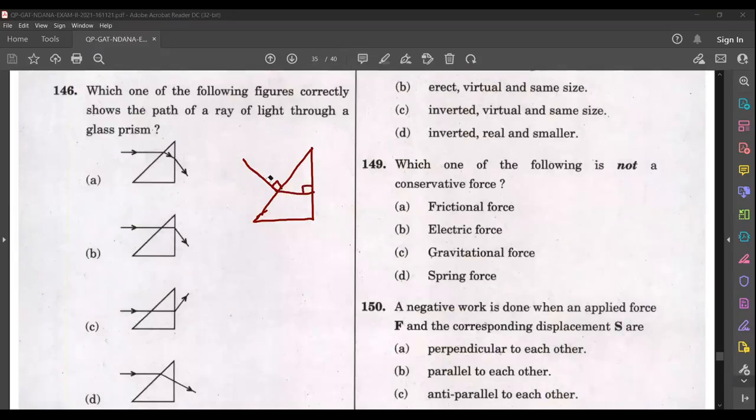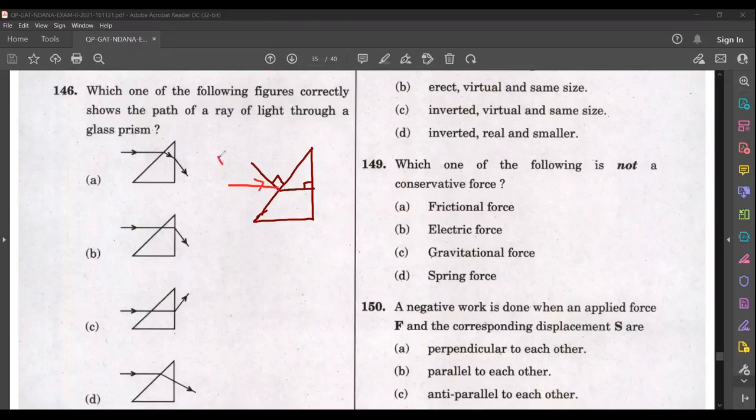Okay. So normal to this surface and normal to this surface. Now with respect to normal, we can see how a ray enters, what happens if a ray is entering. First of all, if a ray is entering like this, what happens?